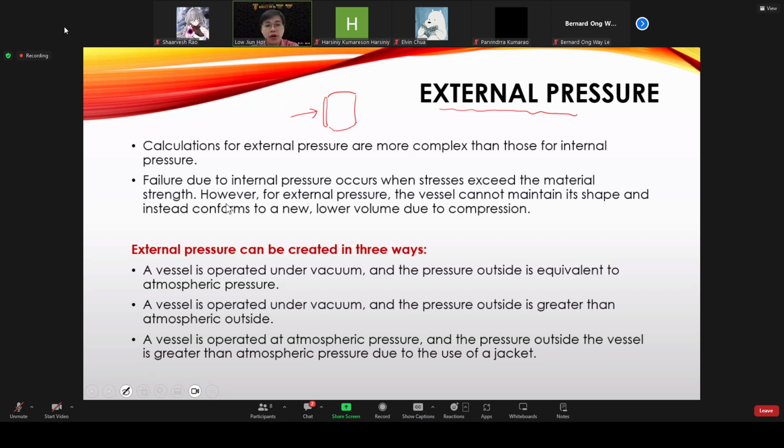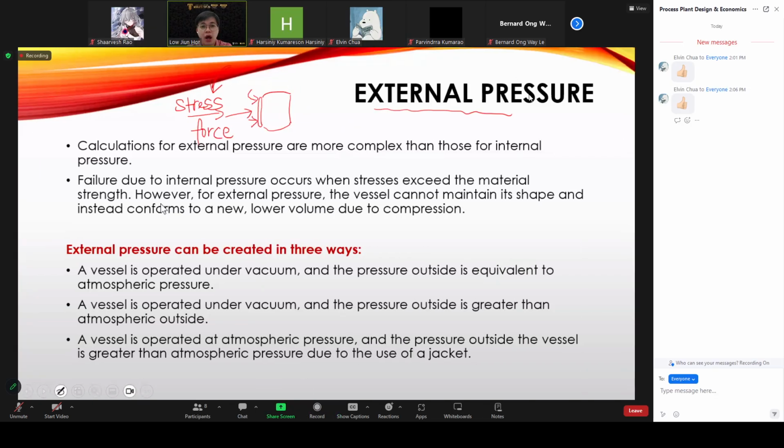So common sense, pressure is actually considered as a stress. If the outer surface of the pressure vessel is subjected to the pressure, subjected to a stress, the stress can also be considered as a type of force which will try to push the outer surface of the pressure vessel.